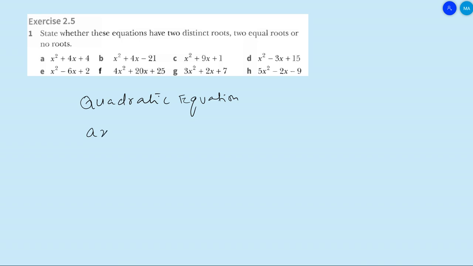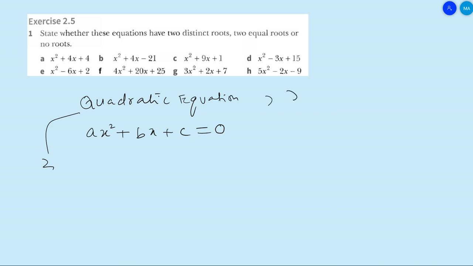An equation whose highest power of the variable is 2 is called a quadratic equation. Actually, quad means 2. So ax² + bx + c is a quadratic equation in standard form. This 2 means the equation is quadratic.